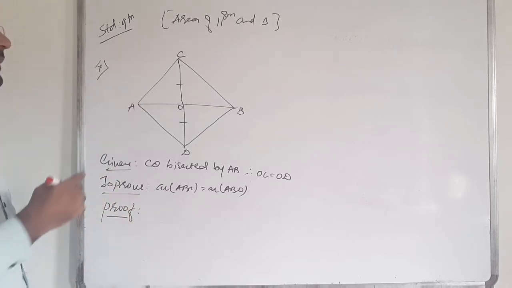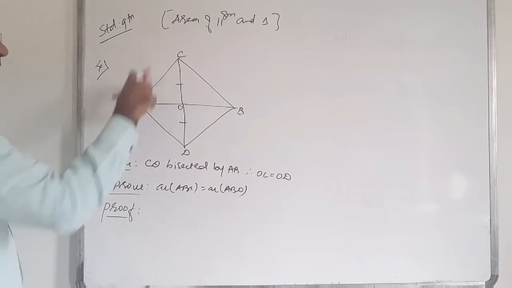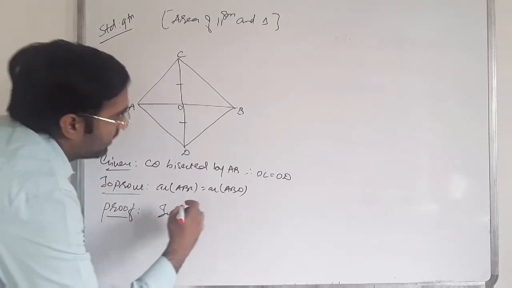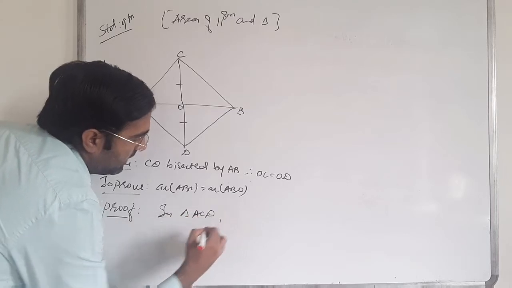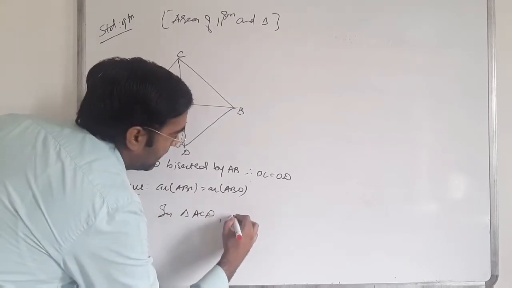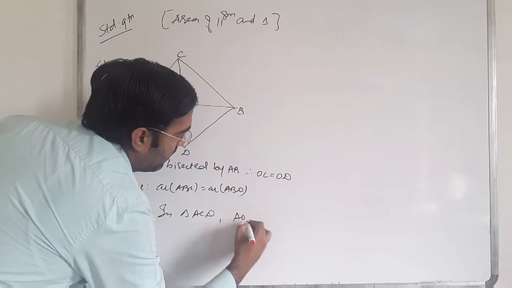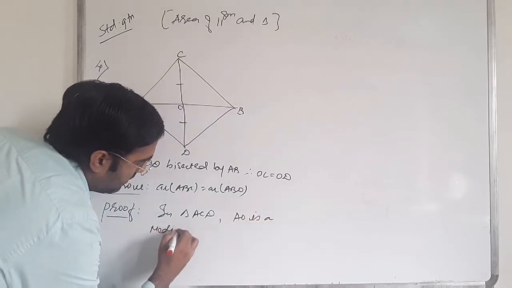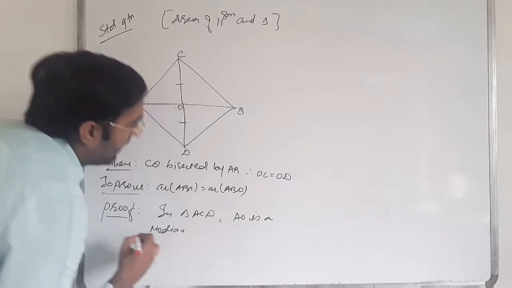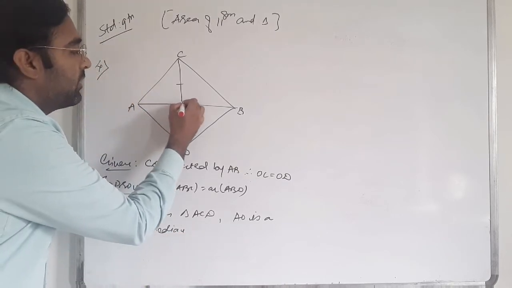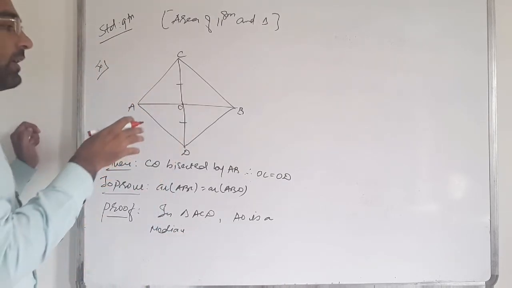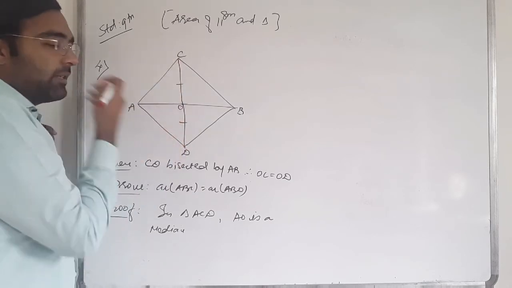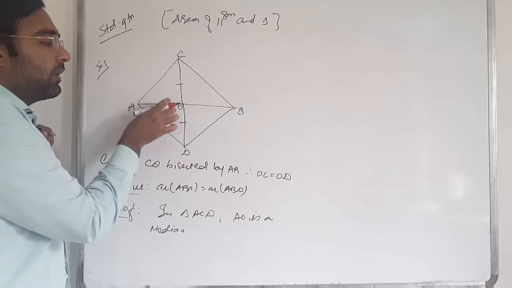First of all, in triangle ACD, AO is a median, because AO divides CD into two equal halves.